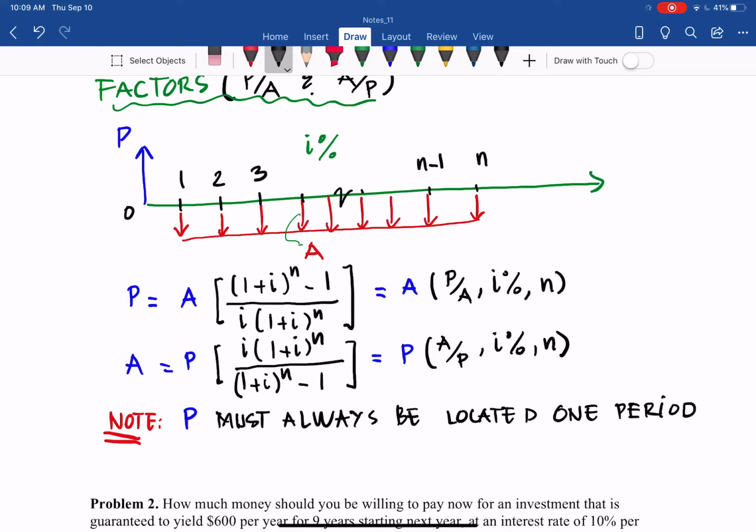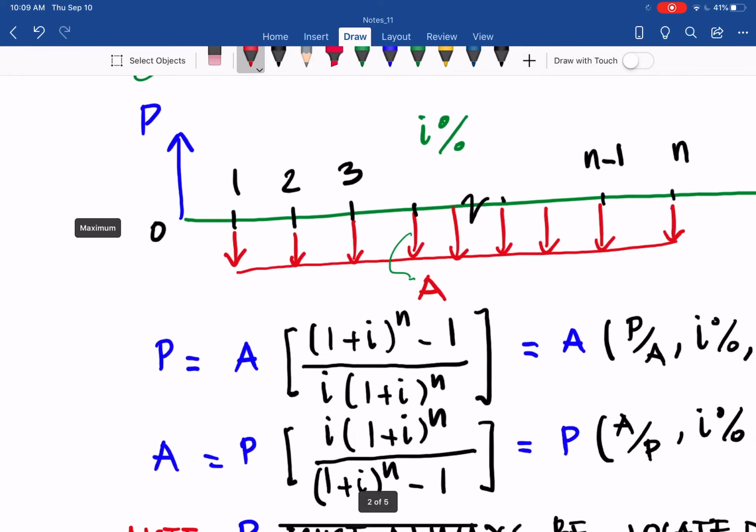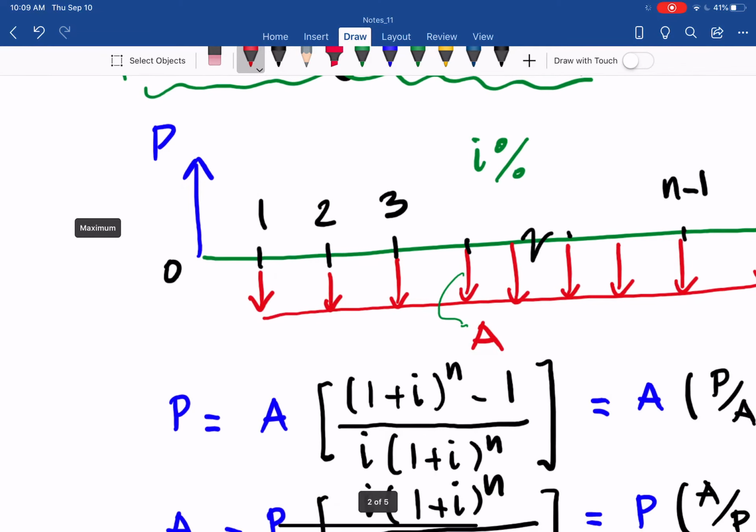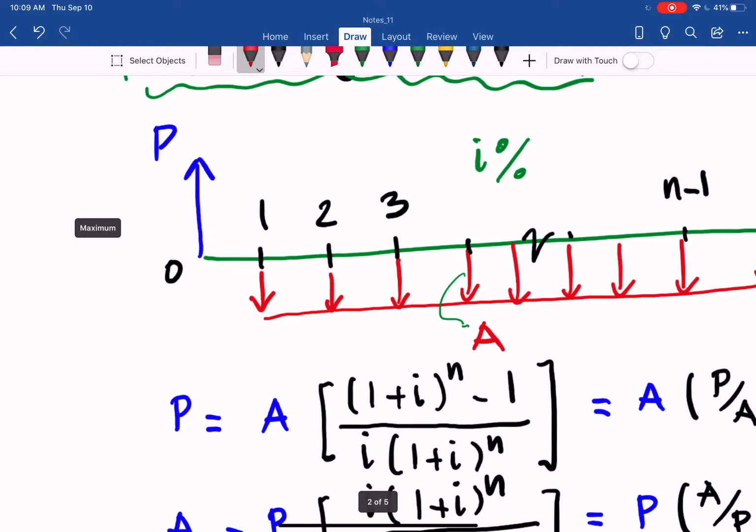That is very important: one period prior to the first A. So if the first A is at year 1, then P is at year 0 when you apply that equation.